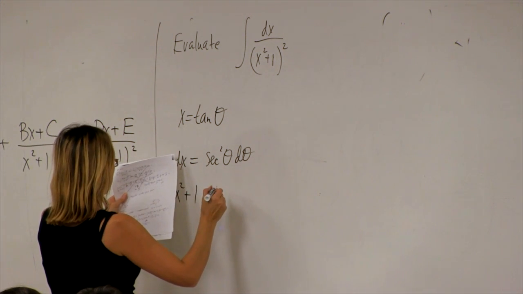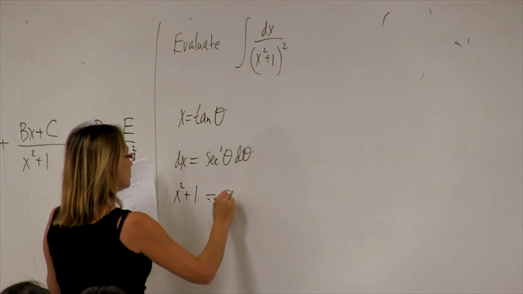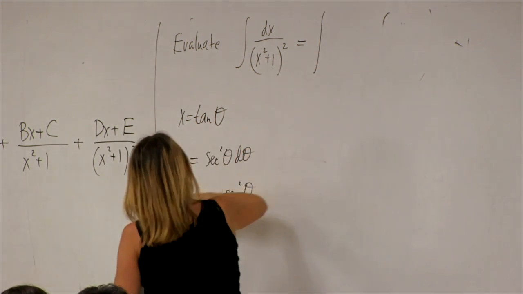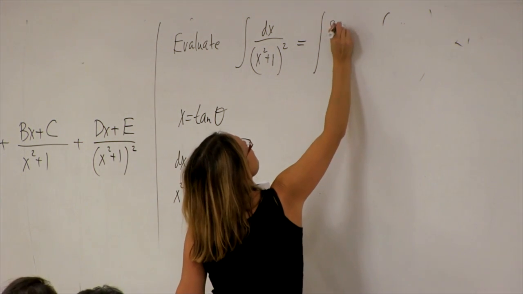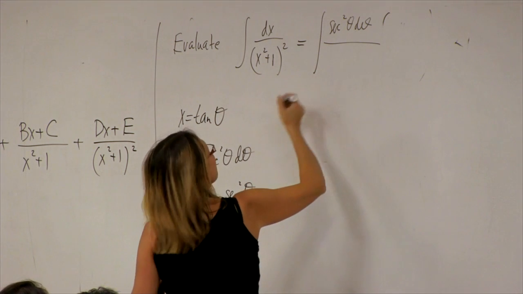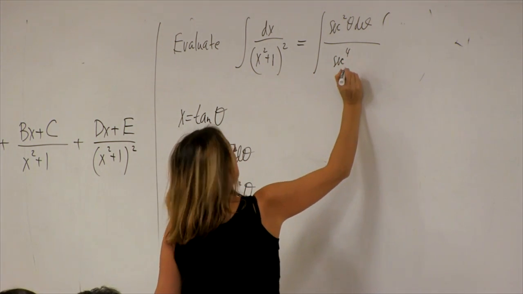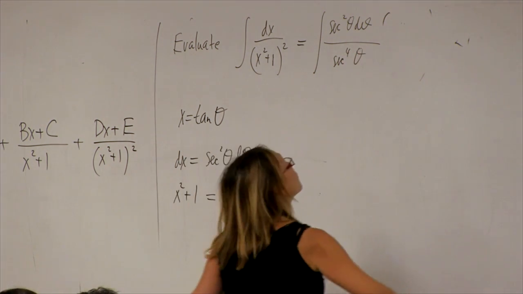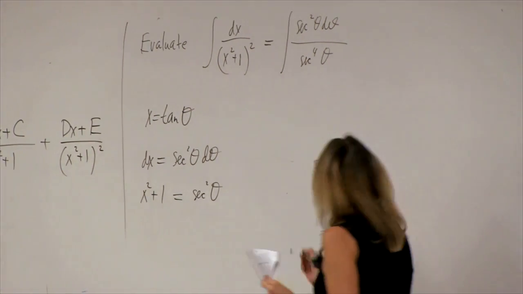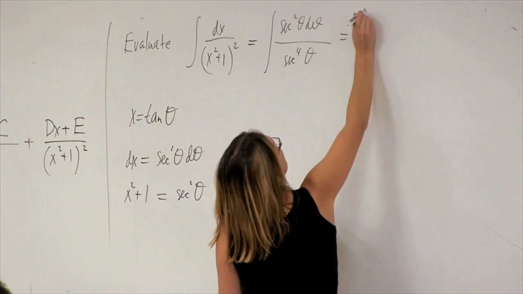That is secant squared theta. So let's write down what we got. Instead of dx, I have secant squared theta d theta. And here I have secant fourth theta. Right? Questions? So this can be simplified.